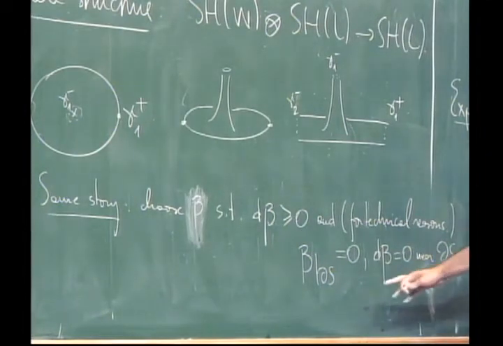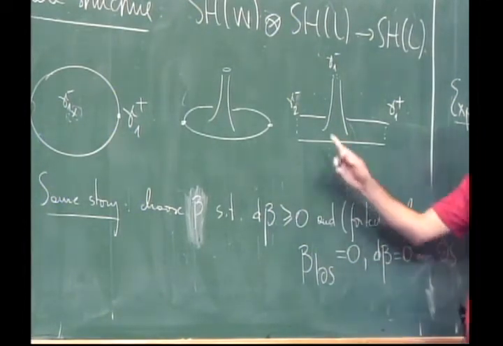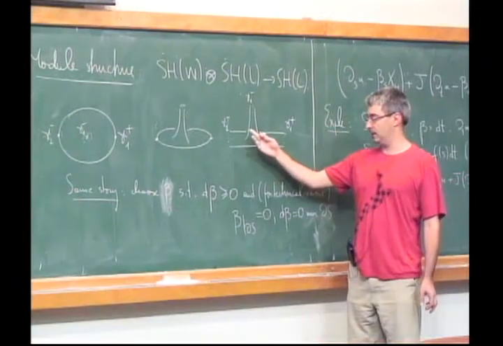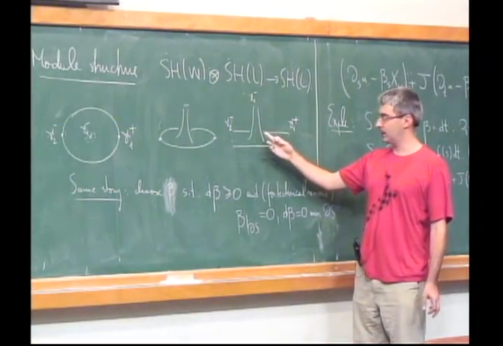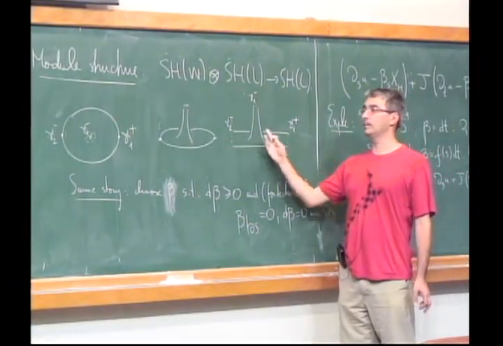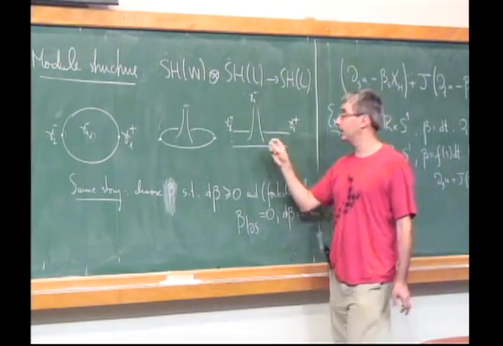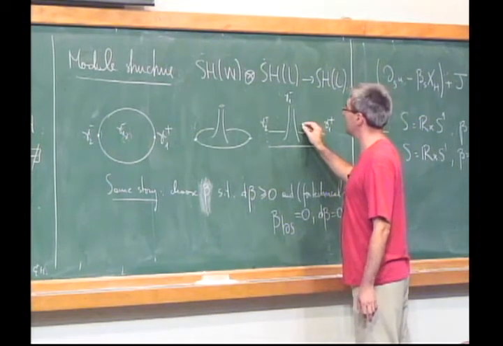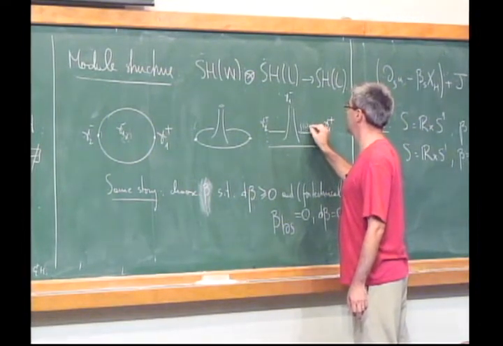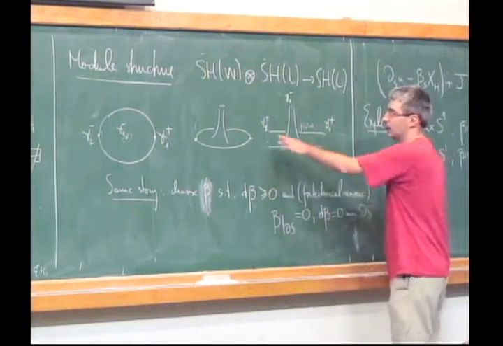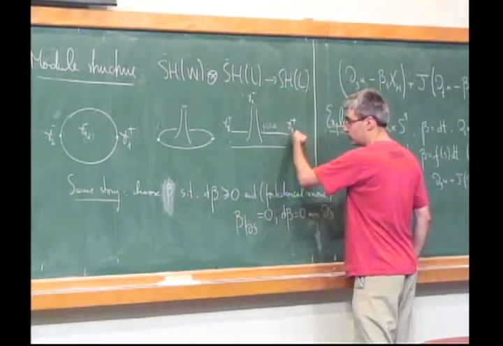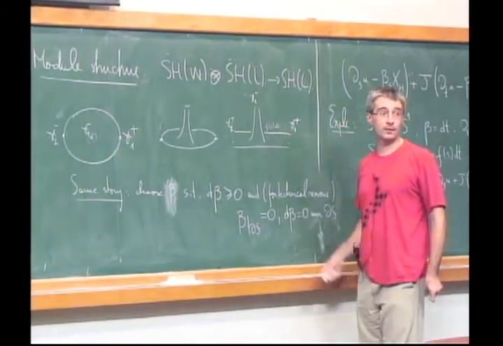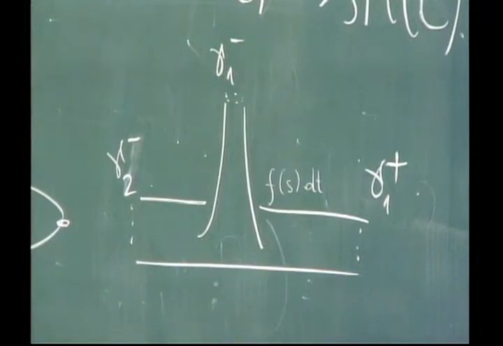But that's fine. Beta vanishing on the boundary is no big deal. It's just saying that it's some multiple of dt, right? Typically here, beta, I require it to be some function of s dt, f of s dt. That's what I want from beta, and it's going to grow from C2 minus to C1 plus, right? This f of s.